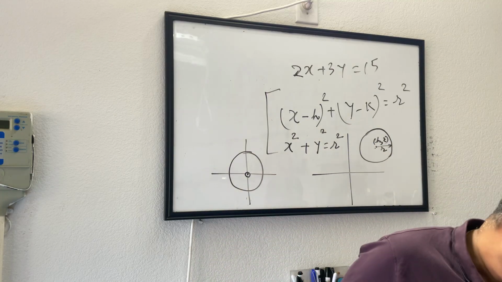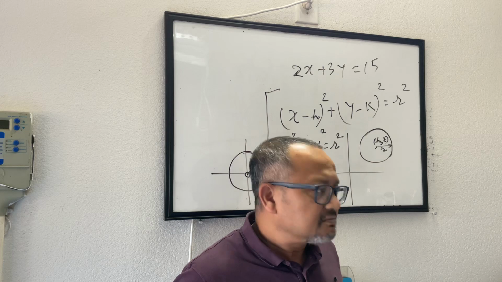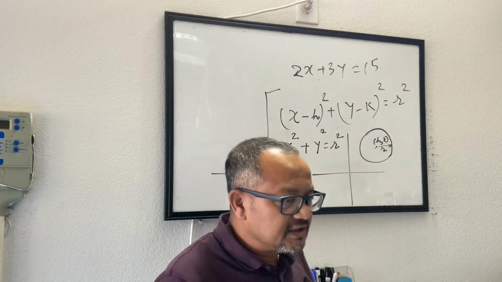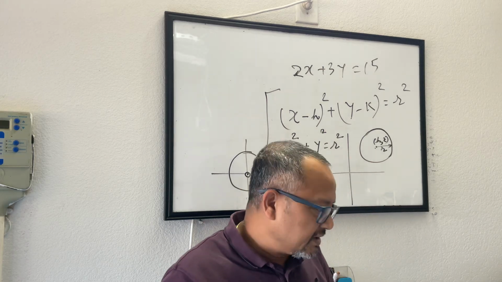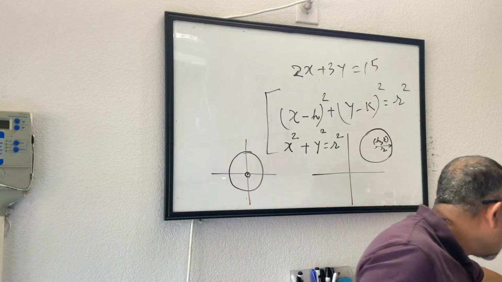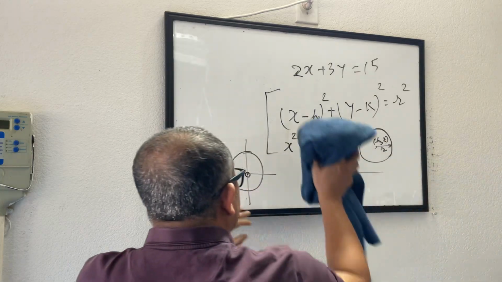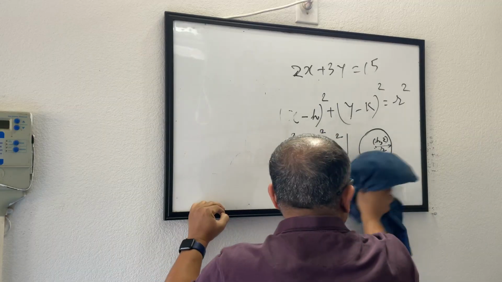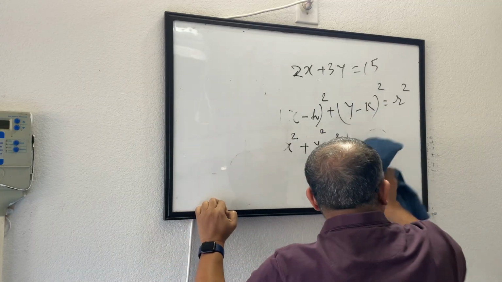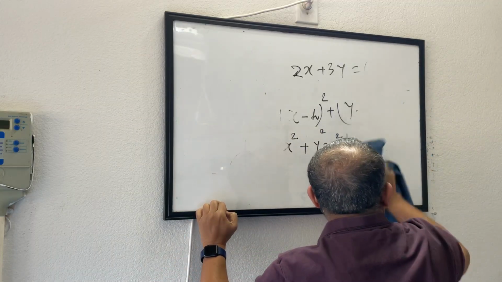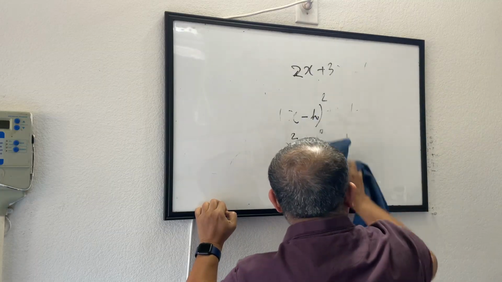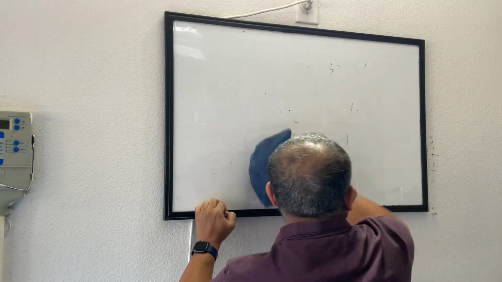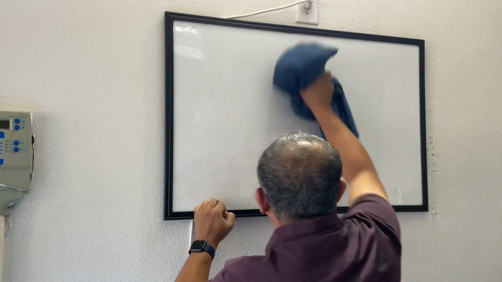Now you must be thinking that this looks all fancy and the teacher is contradicting himself. I always keep telling you that I'll be the last person on earth to ask you to memorize a formula and say, don't ask me why, this is the formula, use it, live with it.